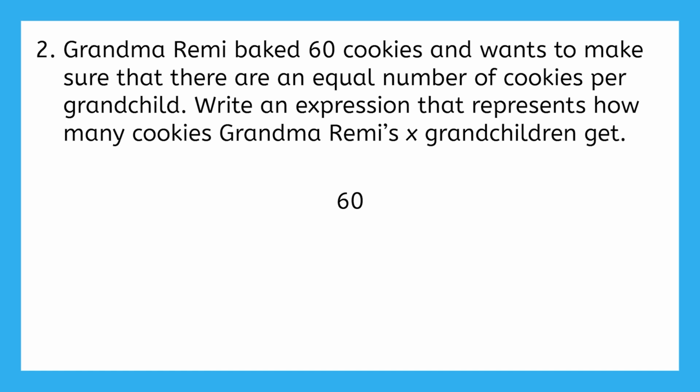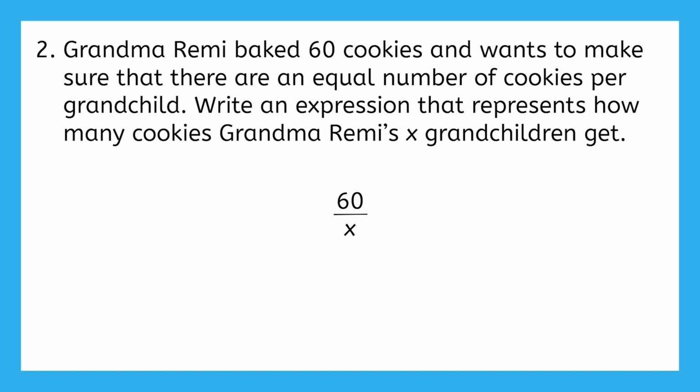Well, you would divide the number of cookies by the number of people. So Grandma Remy will want to do the same thing here too. Dividing the number of cookies, which is 60, by the number of grandchildren, which is how many? X. Exactly. That will tell us how many cookies each grandchild gets.